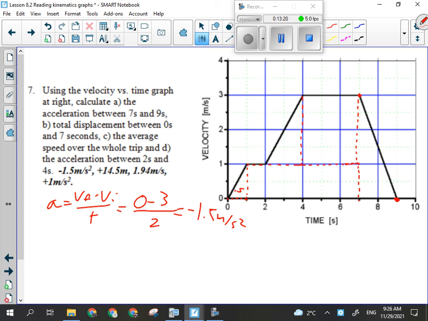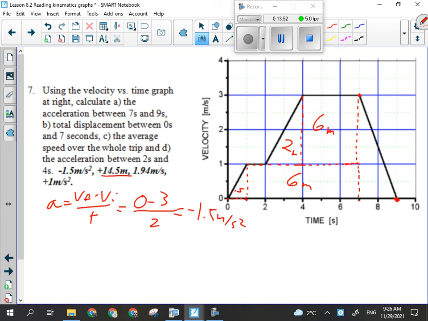This rectangle here goes 1, 2, 3, 4, 5, 6. This triangle here has a base of 2 and a height of 2, so it's 2. And then this rectangle here has a base of 1, 2, 3 and a height of 2, so 6. All right, so we're looking at 12, 14 and a half. Positive 14 and a half meters. Everybody all right with that?